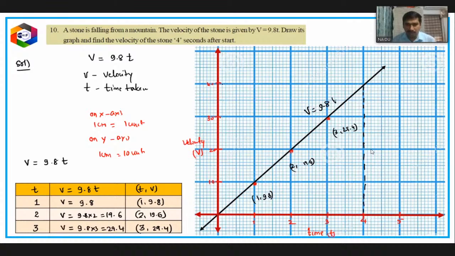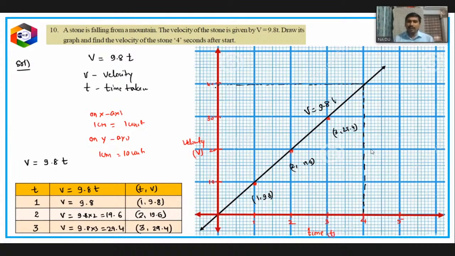Now parallel to this, let us draw the line. It is approximately touching 40, if you observe, but slightly less. Exactly we cannot do that from the graph, but the exact value is 39.2.